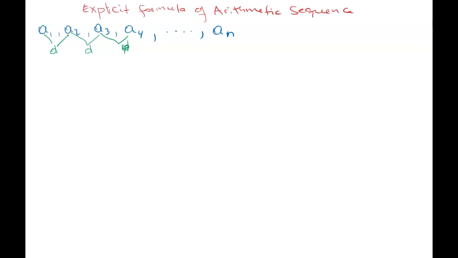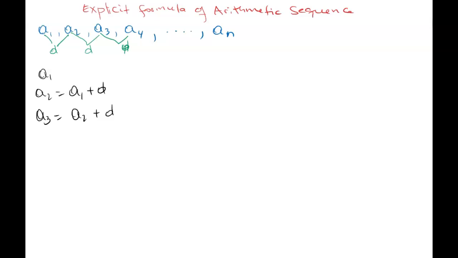So if we have a sub 1, which is the first term, we agree that the second term is equal to the first term plus the common difference, and the third term is equal to the second term plus the common difference. Now, check this out.